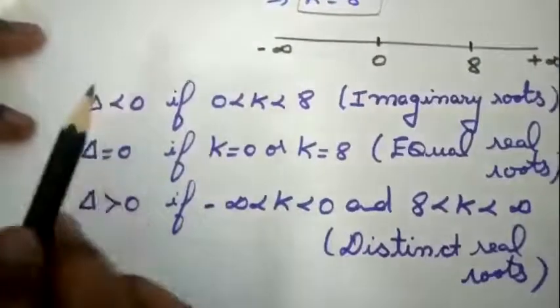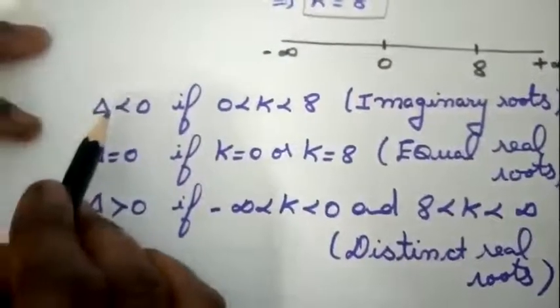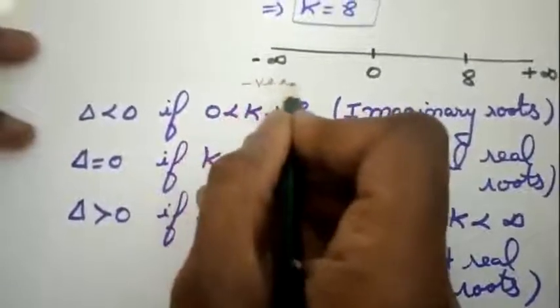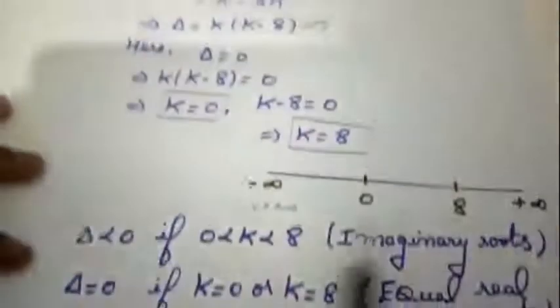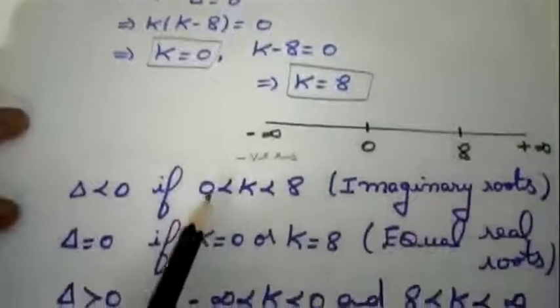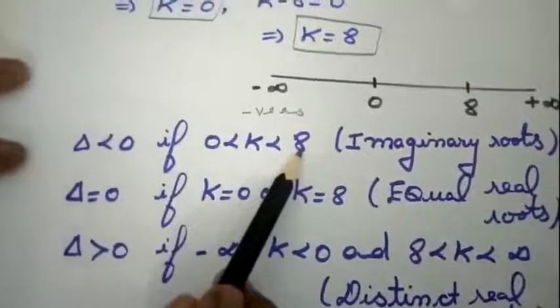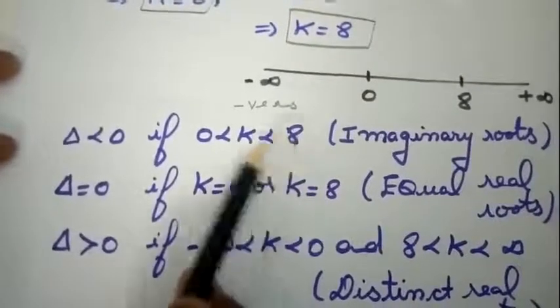Delta less than 0 means I should get a negative answer. If I take a value between 0 and 8, I must get a negative answer.